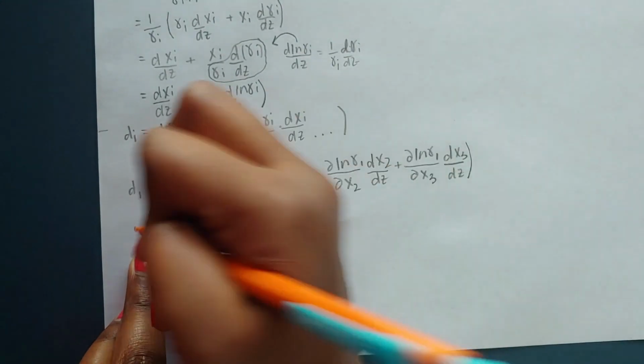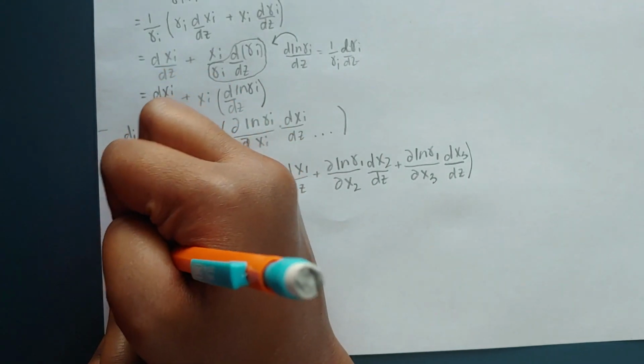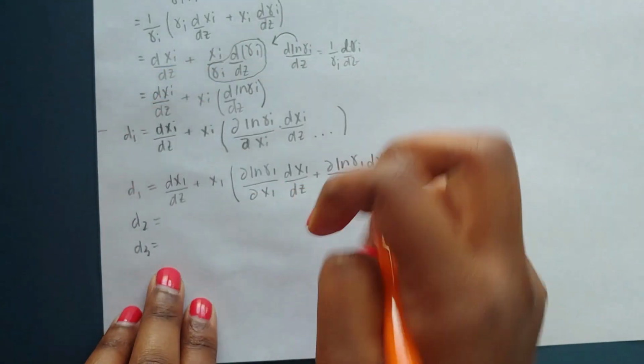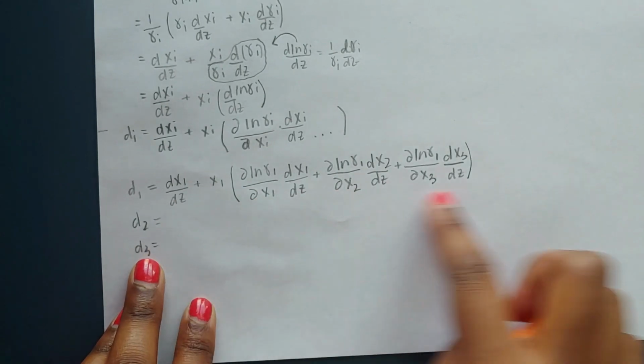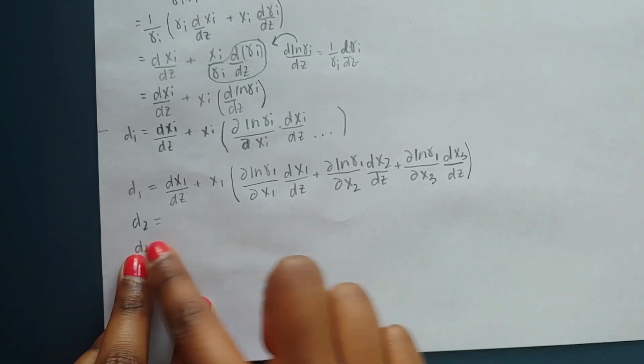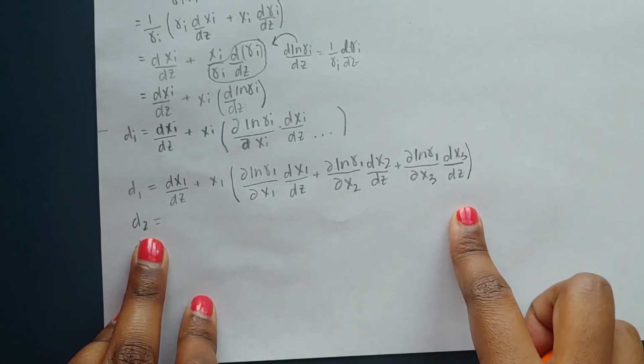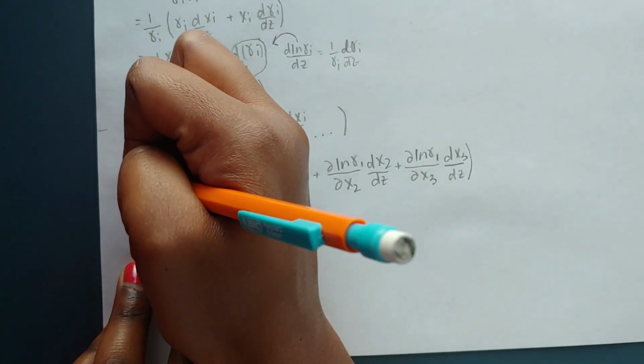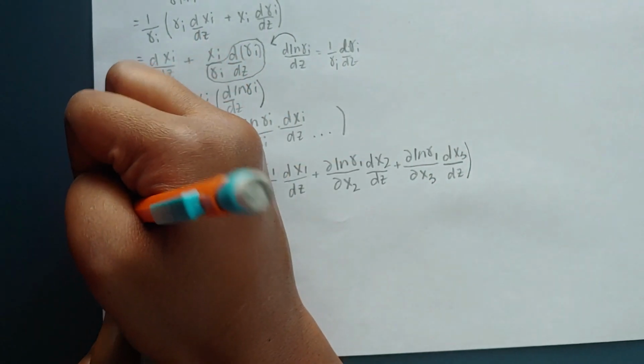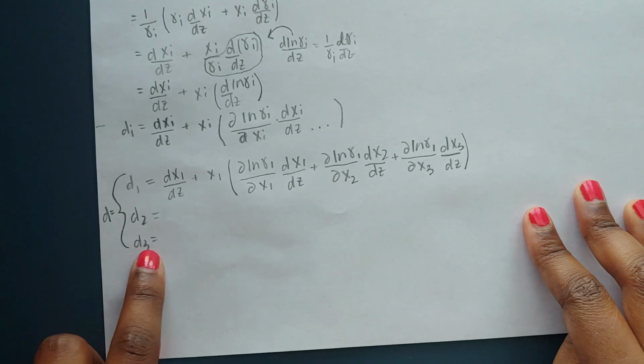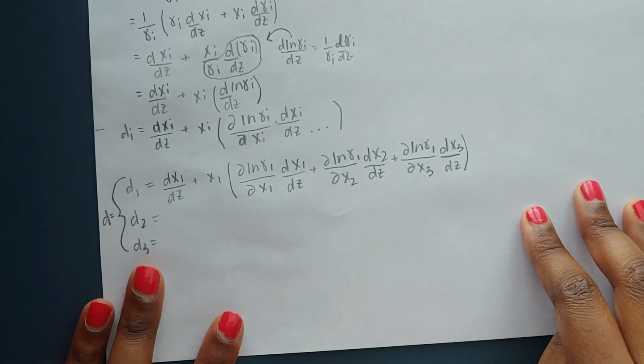So this, in a 3-component system for our example, would be written out for each component: for the first driving force, for the second driving force, and for the third driving force. These coming together is what is equal to the total driving force. So I'm going to write that out.